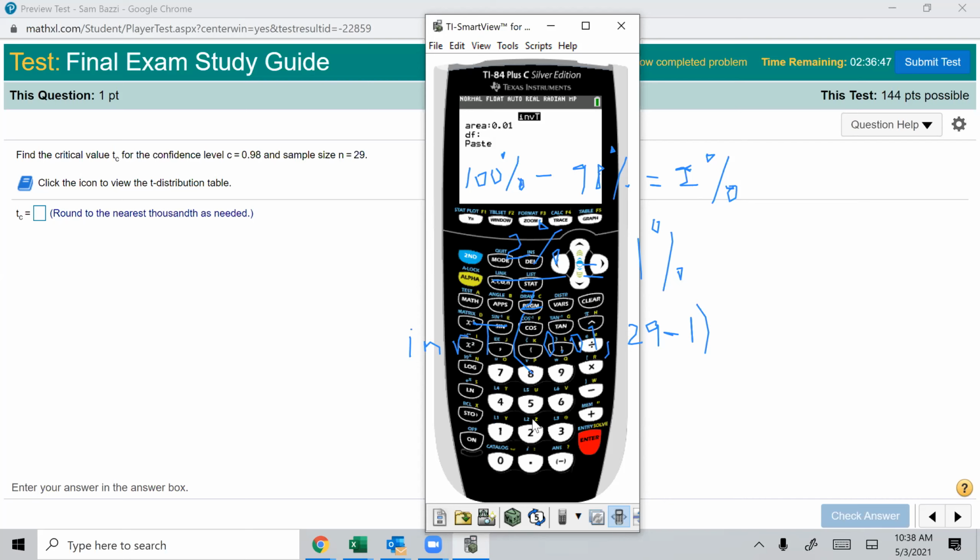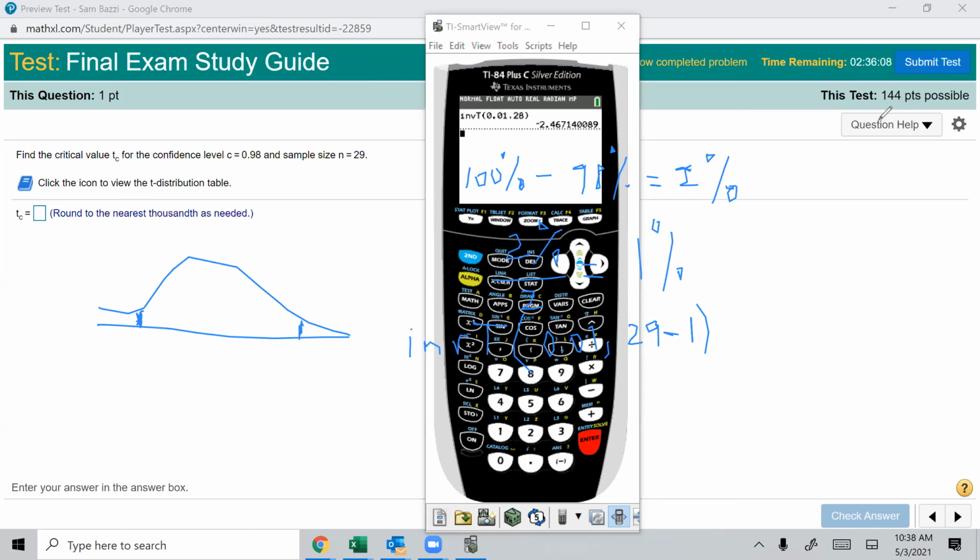Degrees of freedom, 28. Paste. 2.467, exactly. It's going to be negative because you will have one negative and one positive, but he wants just the positive one. So for the confidence level, guys, you have the two values, one on this side and one on that side. When you use your calculator, it's going to give you the negative one, but you just put 2.467.